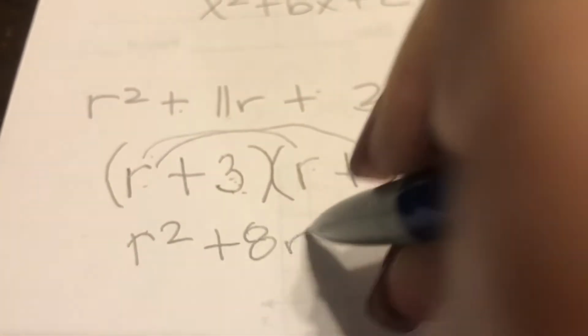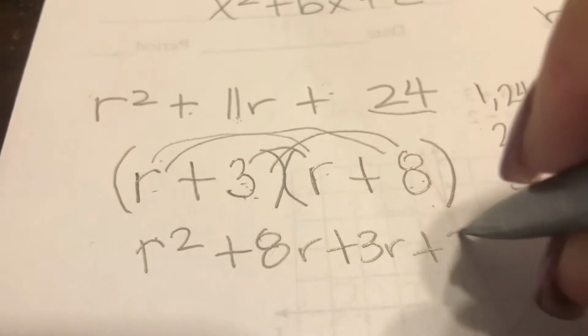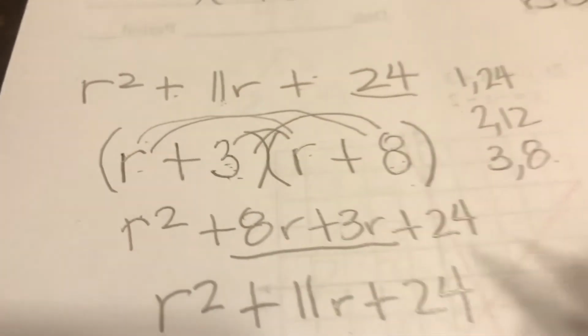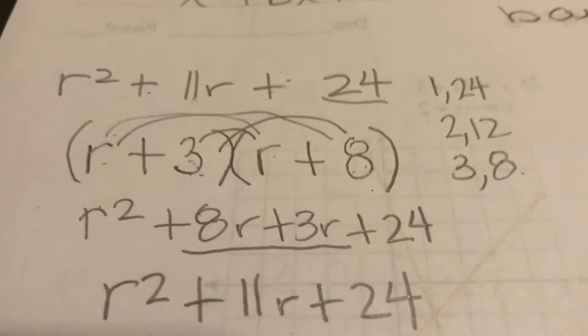R times 8 is 8r. 3 times r is 3r. And 3 times 8 is 24. Add these two in the middle, and I get r squared plus 11r plus 24. It brought me back to my original, so I know that I worked that one correctly.